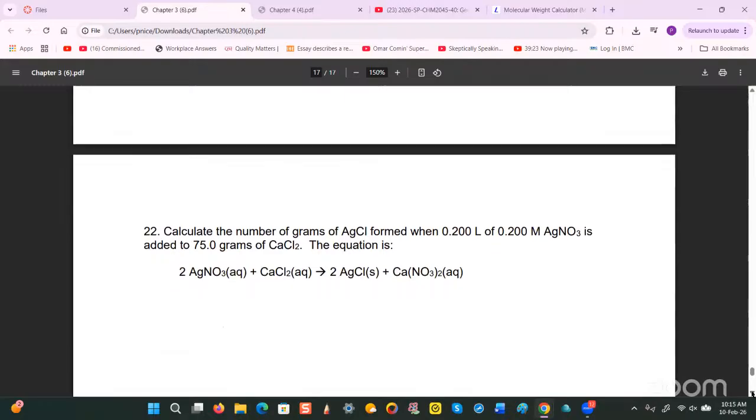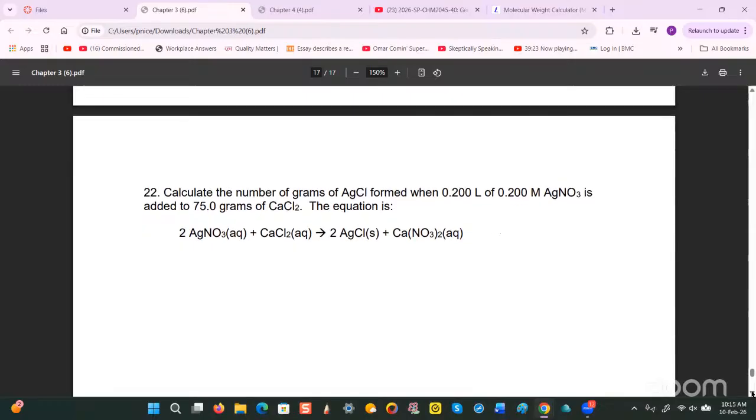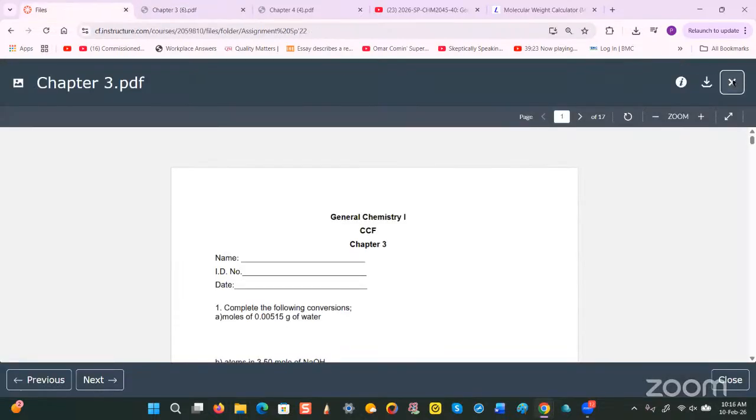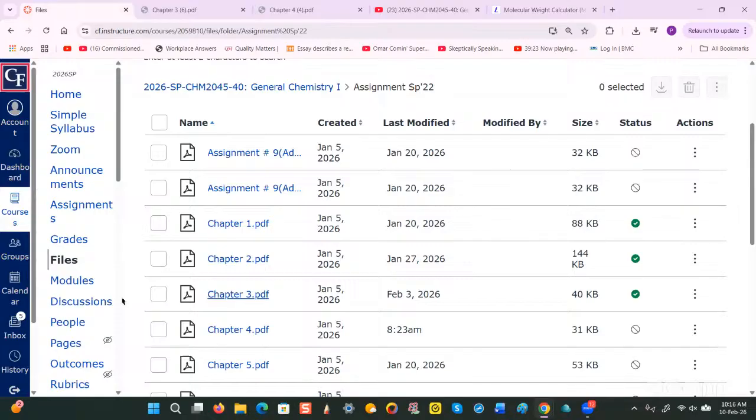Number 22 is very similar too, so do that one on your own as well. So that's basically it for chapter 3. Let me just check something here.